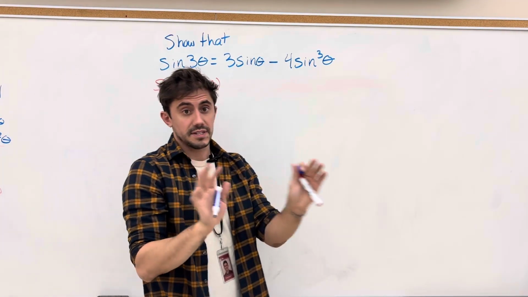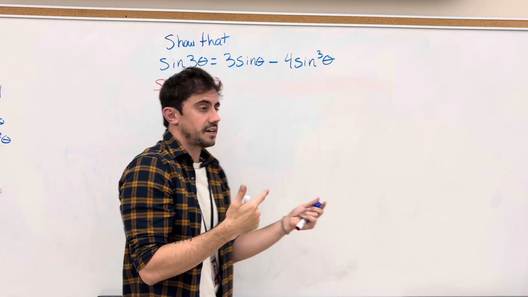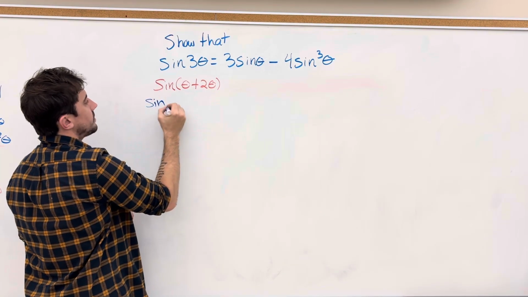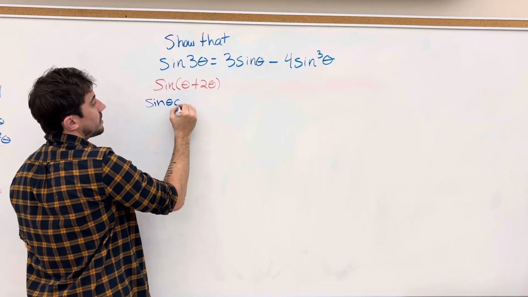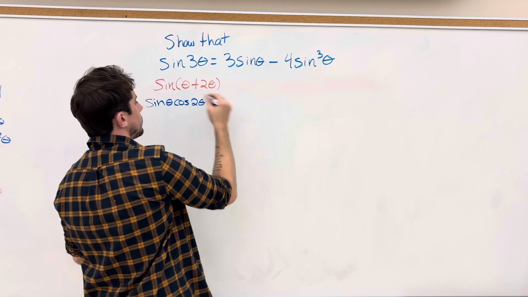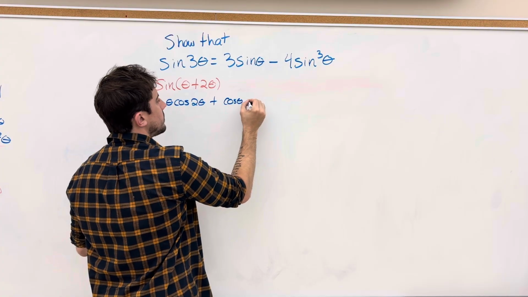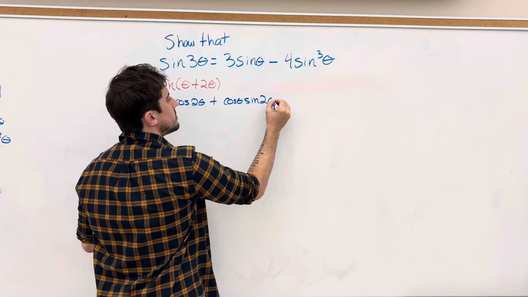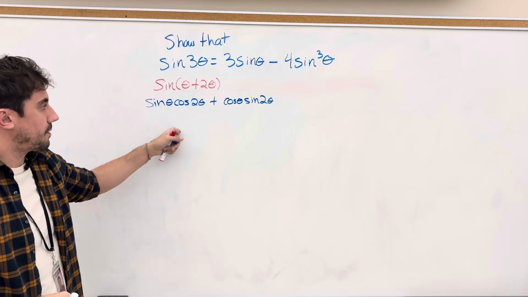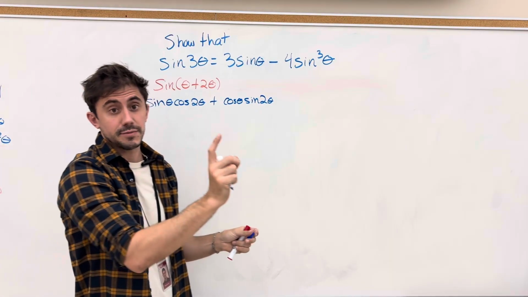Sine of something plus something. We have a compound angle identity. That means we can write this as sine of the first part times the cosine of the second part plus the cosine of the first part times the sine of the second part, like so. That's one of our compound angle identities for sine of a plus b.